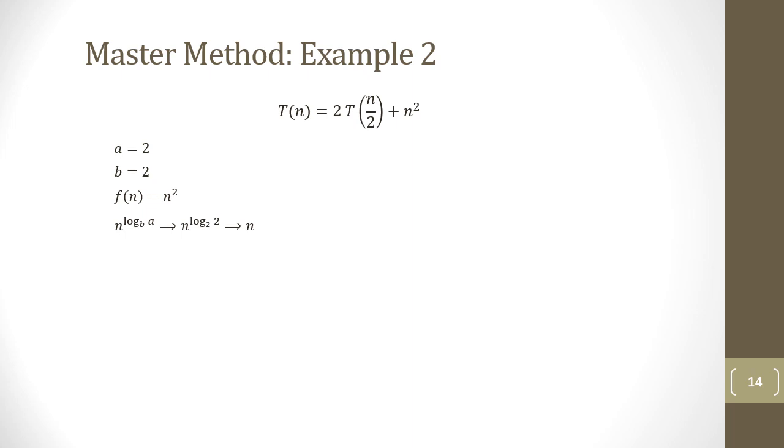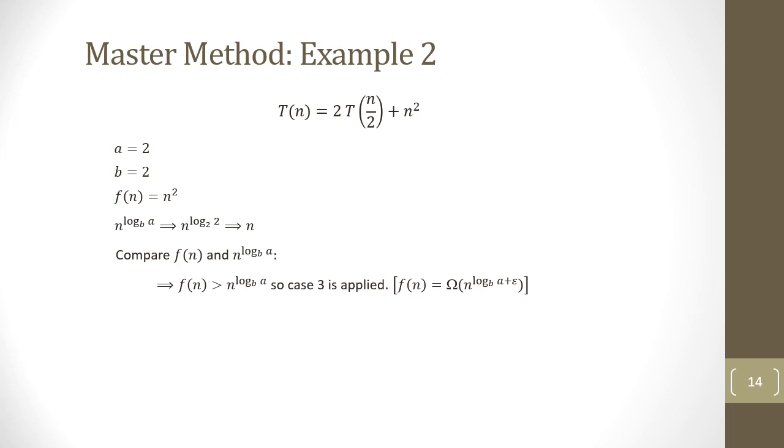We can see that the power of n in f of n is greater than n to the power of log base b of a. So the growth of f of n is greater, so case 3 is applied.